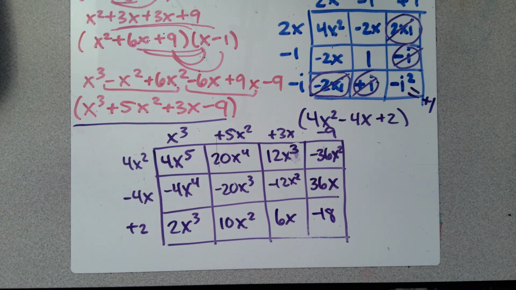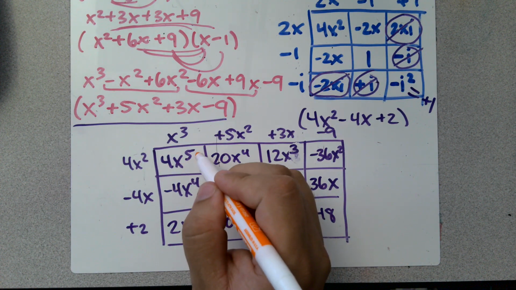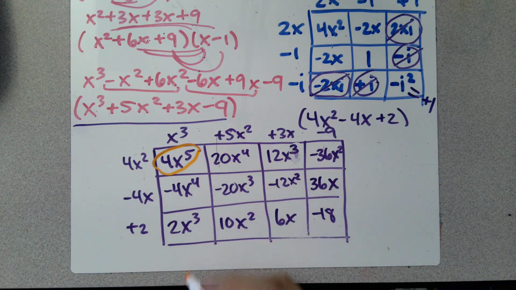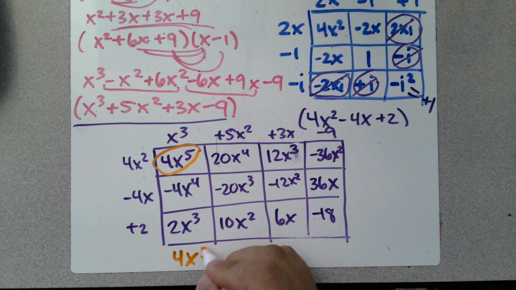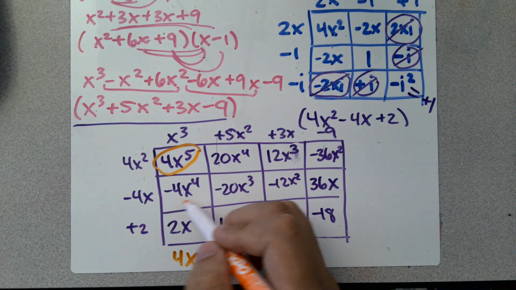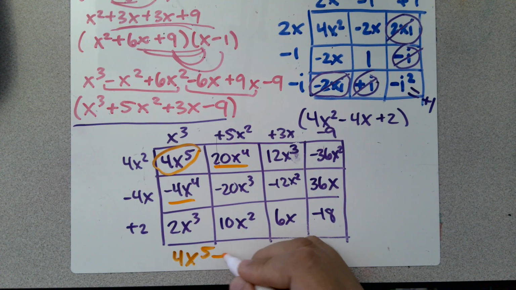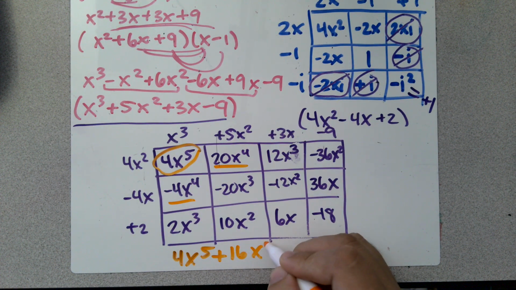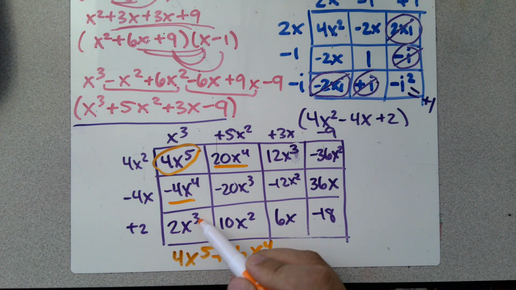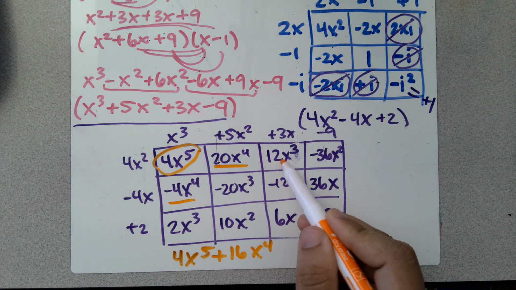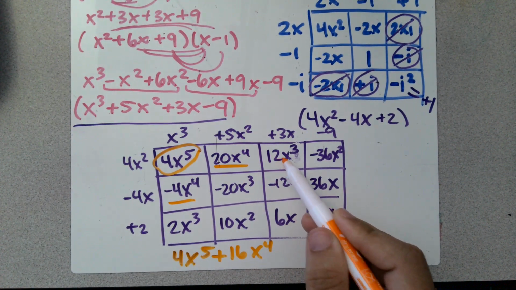Are we done yet? No. Combine like terms. This won't always work out nicely, but here we have 4x to the power of 5. Negative 4x to the power of 4 plus 20x to the power of 4 is plus 16x to the power of 4. 2x cubed plus 12x cubed is 14x cubed.